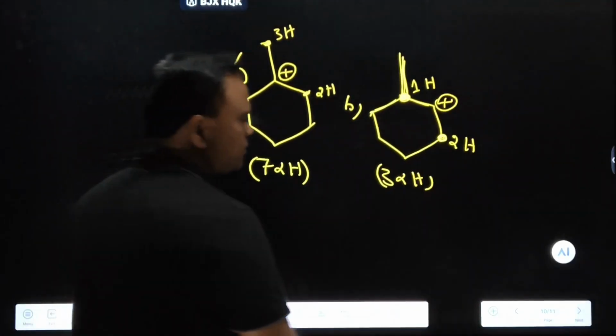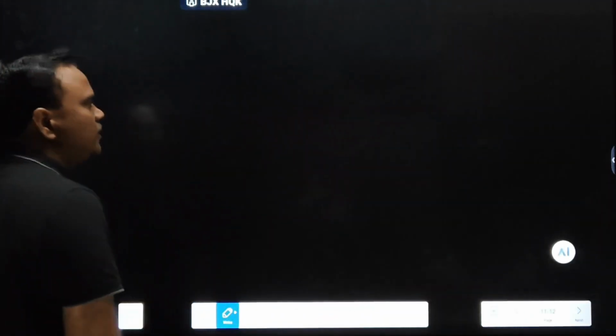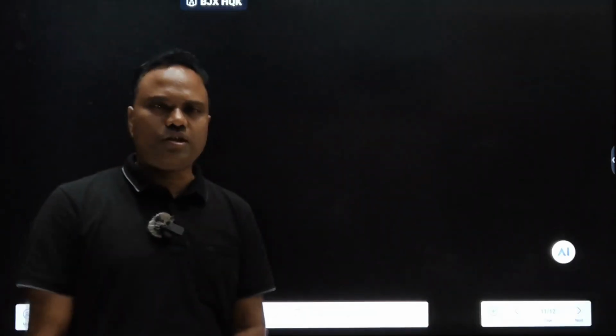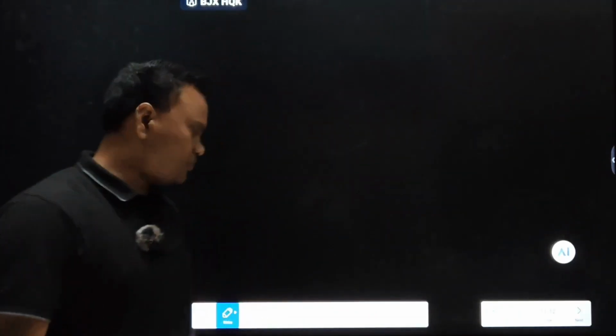One important piece of information: when resonance is present in one compound and hyperconjugation is present in another, which electronic effect do we take into consideration to predict the stability? That is very, very important.